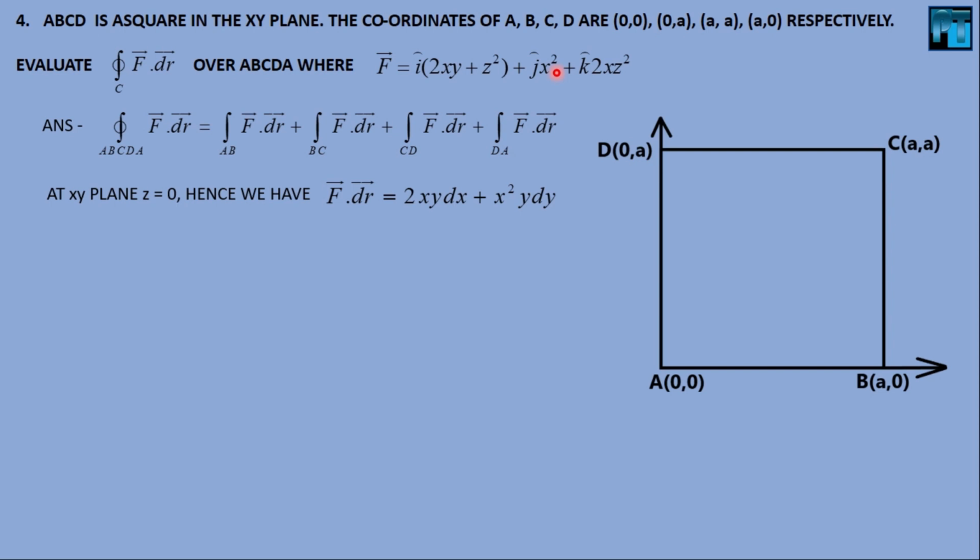I am very sorry guys, this is my mistake. So x square y dy. Now for AB, we have this 0, 0 to a, 0, there is no y. Actually y varies from 0 to 0, so the value of y is 0.